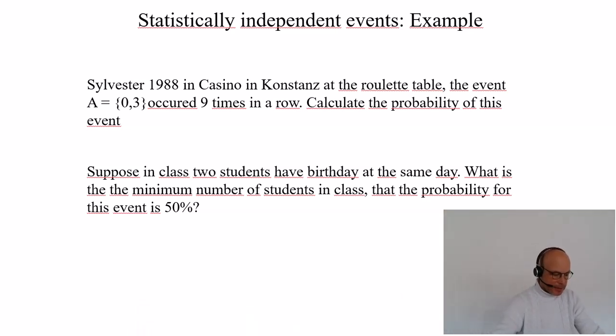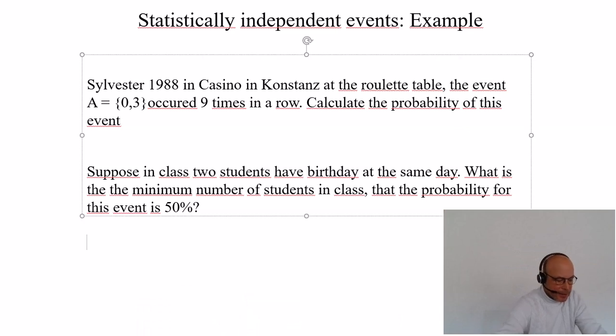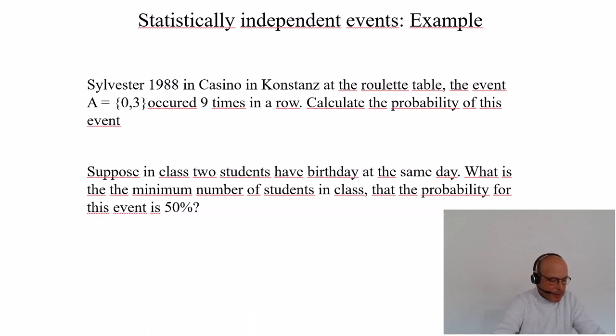In Sylvester 1988 in the casino in Constance down at the Bodensee, it really happened that at the roulette table the event 0 or 3 has occurred 9 times in a row, and that now you should calculate how large is the probability that this has happened.